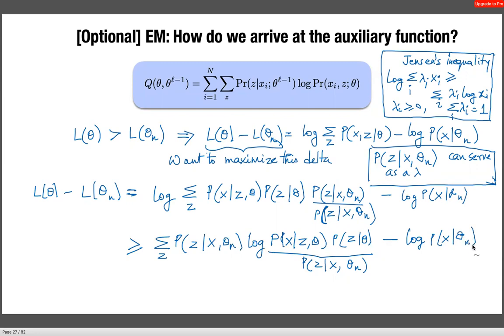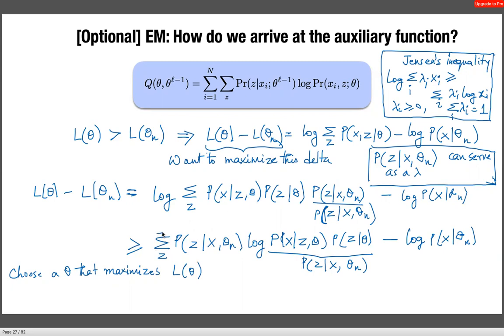So you want to choose a theta that maximizes L theta, right? That's the goal. But we've written L theta minus L theta n as being greater than or equal to this quantity.